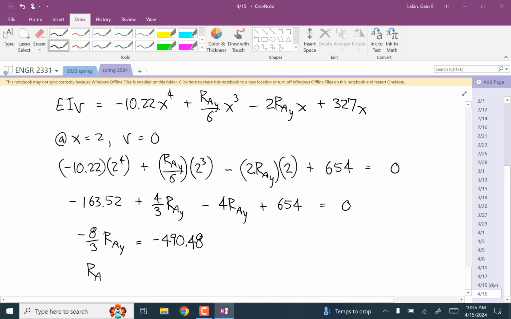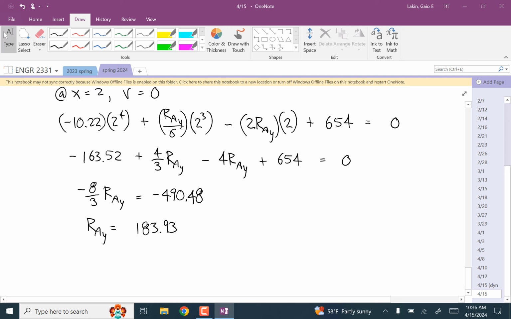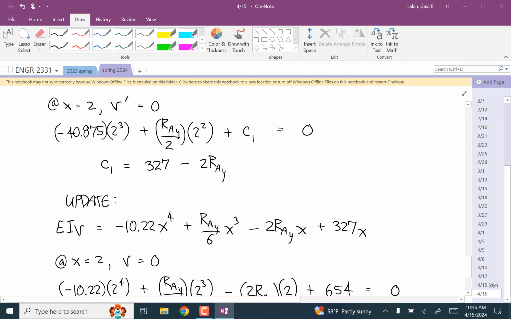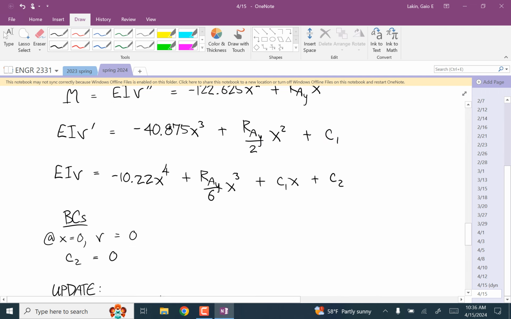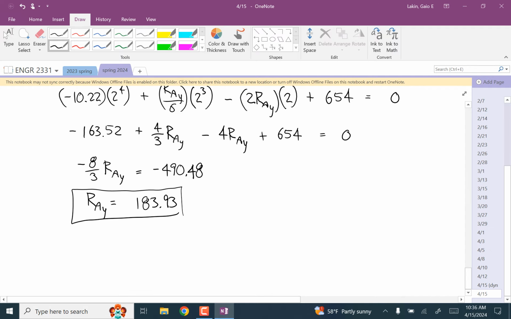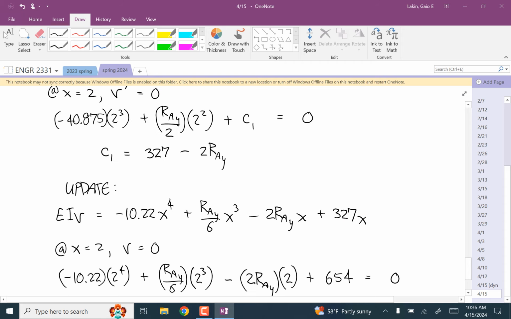And so RAY is equal to 183.93. And what was our last numbered equation? So this is equation 5.